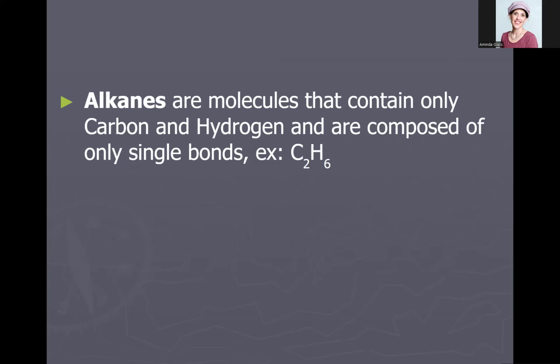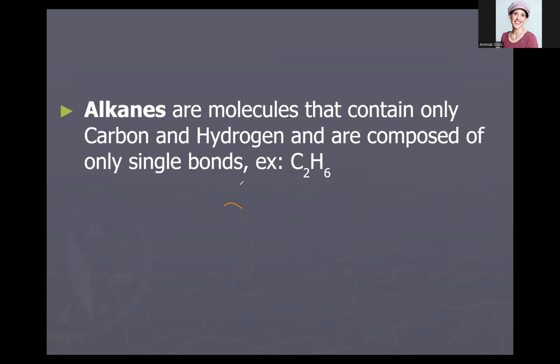Alkanes are molecules that contain only carbon and hydrogen, and they're composed of only single bonds. Methane is an example, and if we wanted to draw it, remember we drew some Lewis dot diagrams earlier.